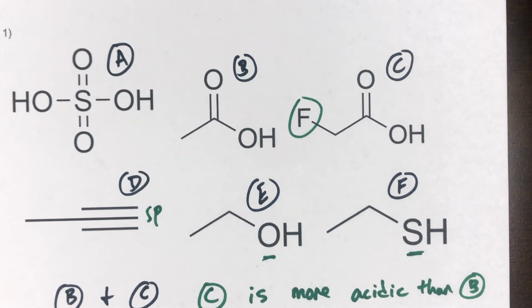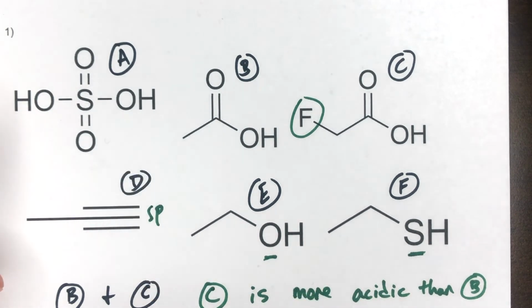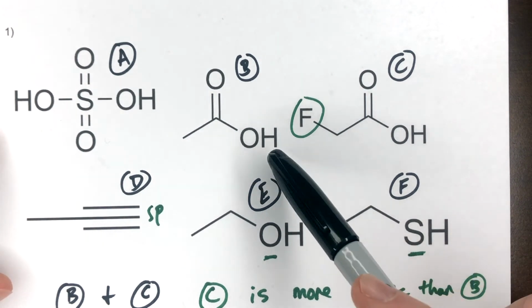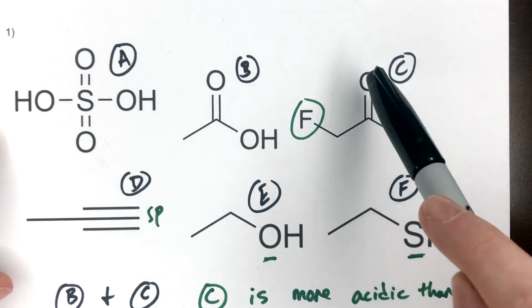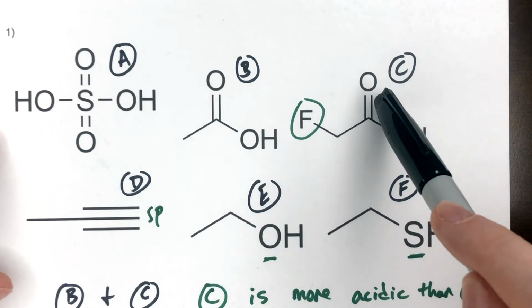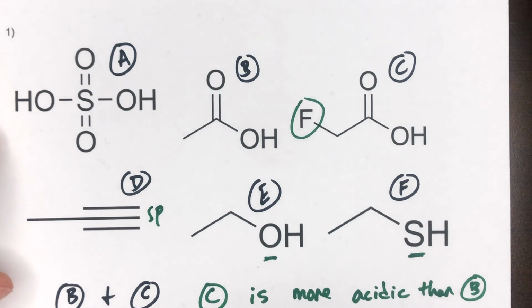So then the question is, among A, B, and C, which is more acidic? Well, we've looked in the previous question that sulfuric acid has 3 resonance structures total, whereas these two only have 2. So what that means is A is more acidic than C, which is more acidic than B. And we know that C is next because it has the inductive effect difference over B.